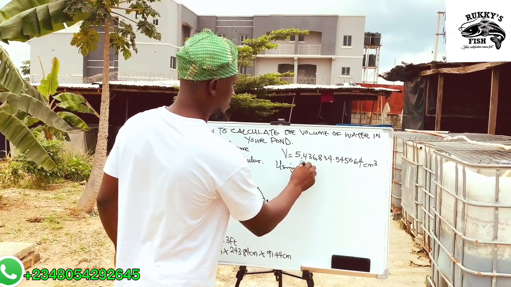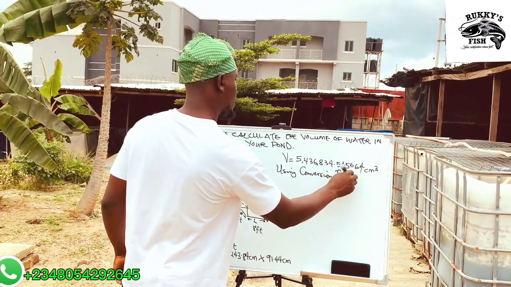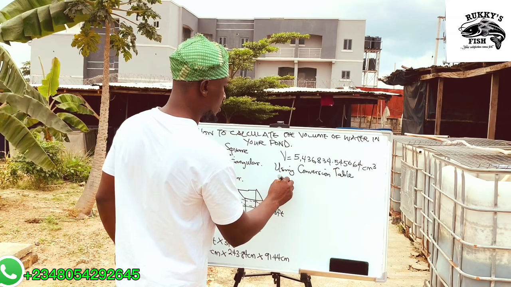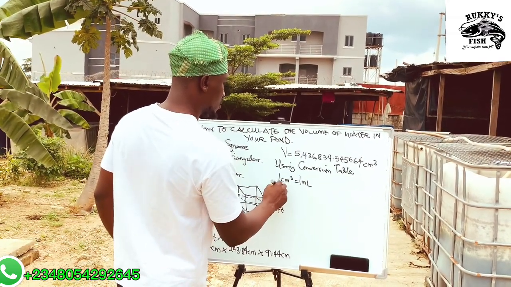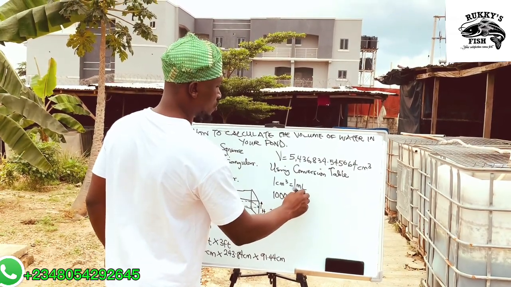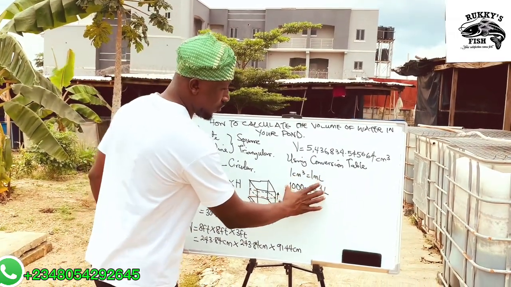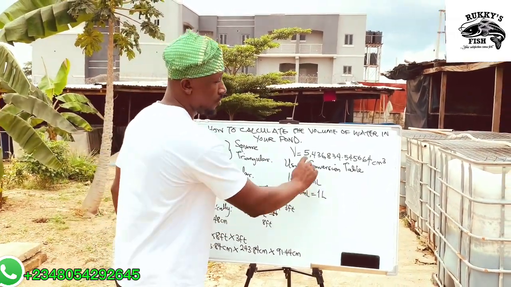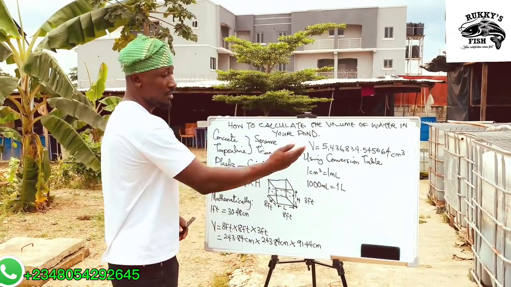Using the conversion table, right? If 1 cm cube is equal to 1 milliliter, it means 1000 milliliters is also equal to 1 liter. So if we use this conversion table, it will guide us on how to arrive at volume of water in liters.